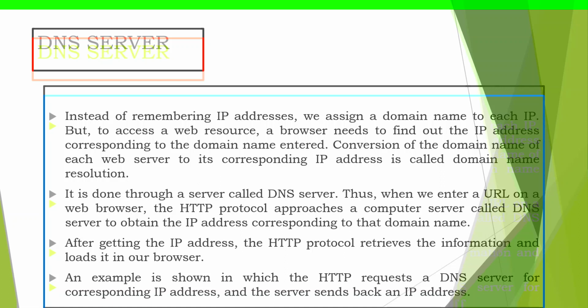The web browser using the HTTP protocol approaches the DNS server, which maintains the IP address corresponding to that domain name. After getting the IP address, the HTTP protocol retrieves the information and loads it into our browser.